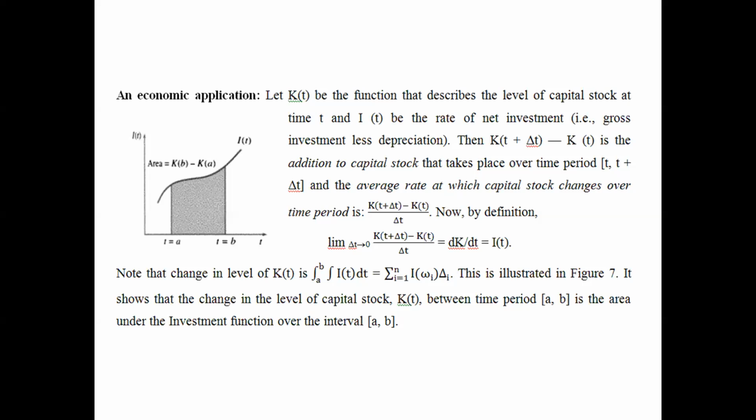So if the firm makes an investment of 500, that is gross investment. Net investment is 500 minus the depreciation, 500 minus 200. So the capital stock goes up by only 300, not by the total gross investment. It goes up only by the net investment.